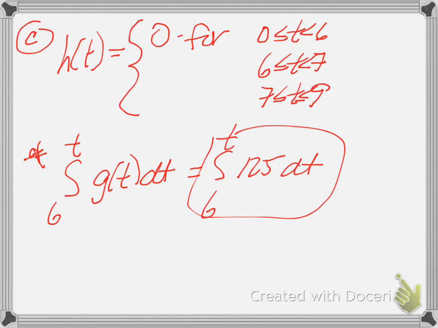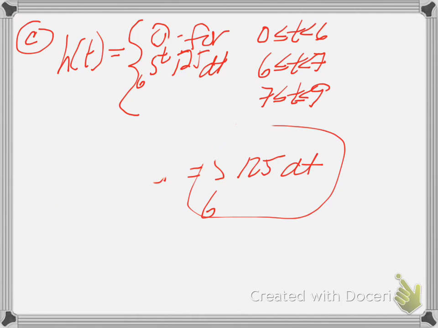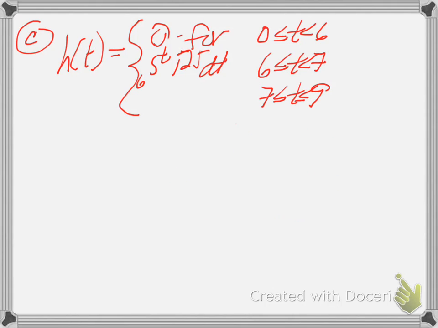All this means is that if you want to find out how much was removed, from 6 to any other time t before 7, it's going to be the integral of 125 dt. I know this is a little bit confusing, and I'm probably not doing a very good job at explaining this. I'll try to do a little better on the last part.